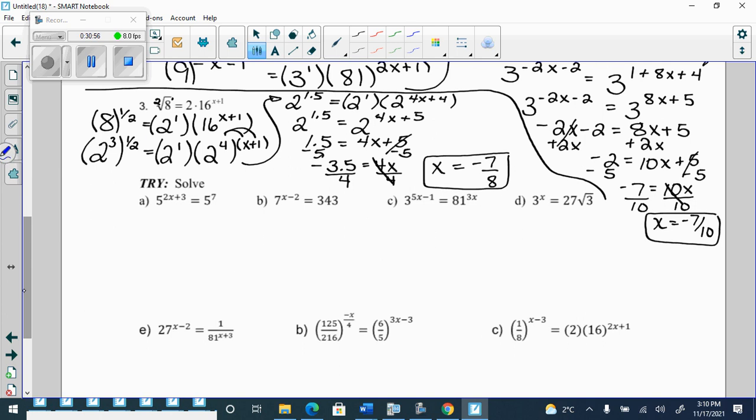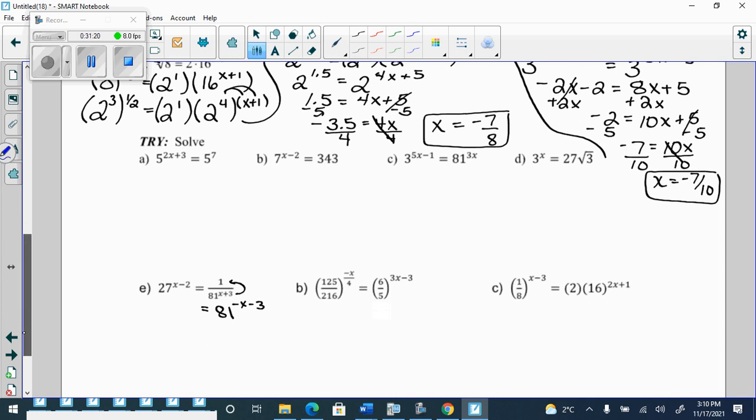This one here, you can just bring this whole thing up and make it be 81 and then minus x minus 3. You have to negate the exponent to bring it up, correct? This one here, 125 and 216, this is 5 over 6 to the 3.